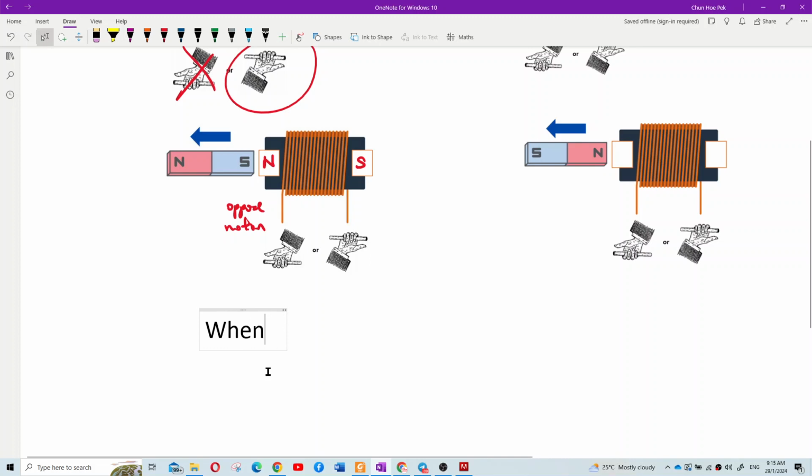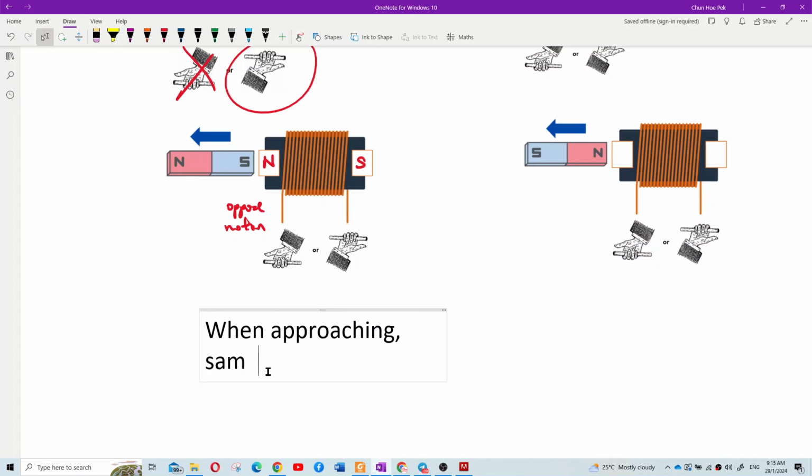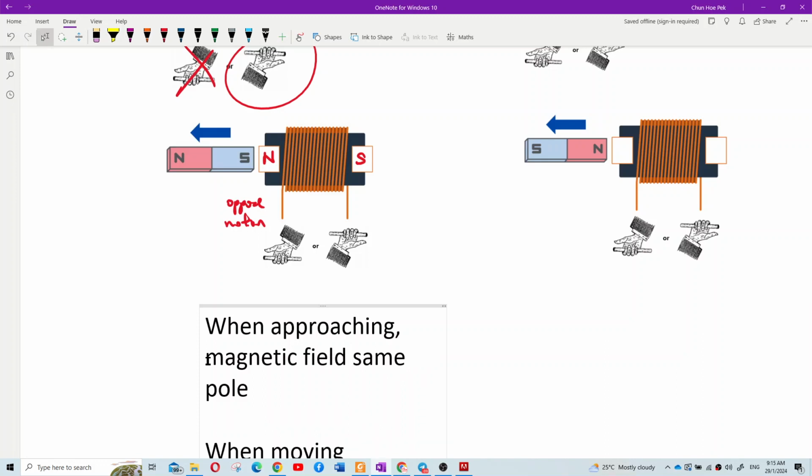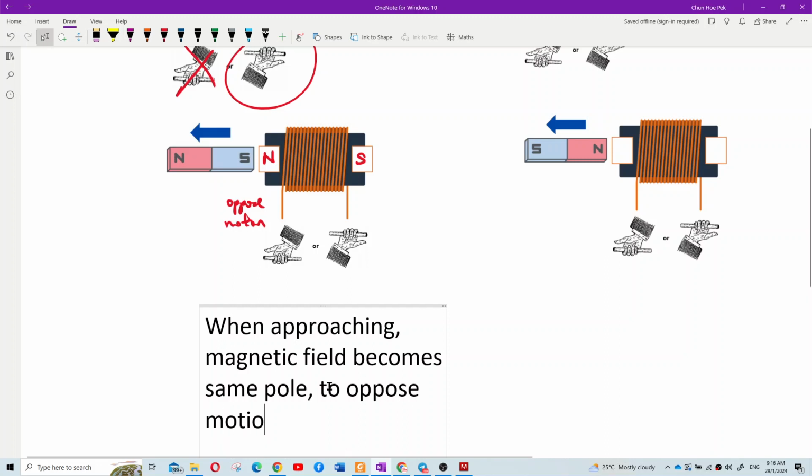So when approaching, okay, when approaching become same pole. Ini yang penting kelas, same pole. Okay. When moving away, magnetic field become same pole to oppose motion.